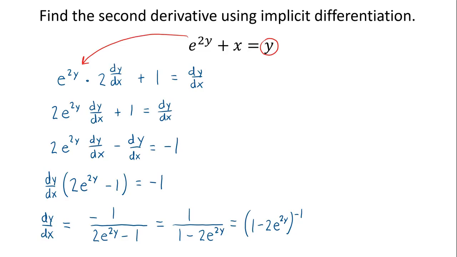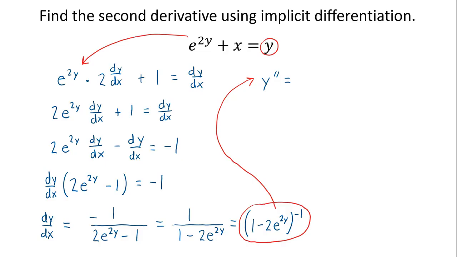So I'm going to rewrite 1 over 1 minus 2 times e raised to the 2y as 1 minus 2 times e raised to the 2y, raised to the negative 1. Now let's begin the process of finding the second derivative. To find the second derivative, we'll have to use the chain rule.